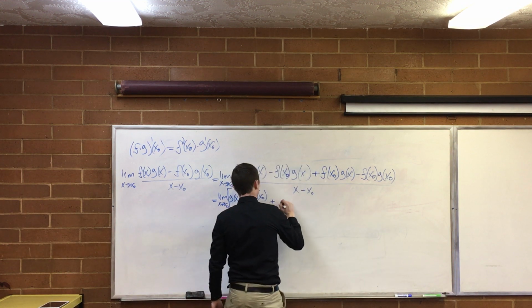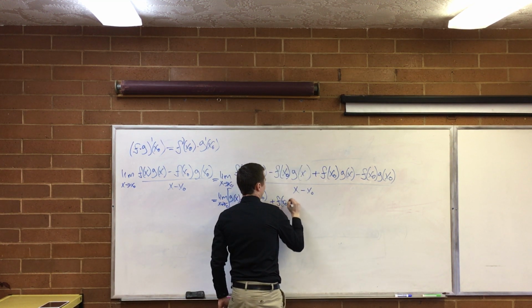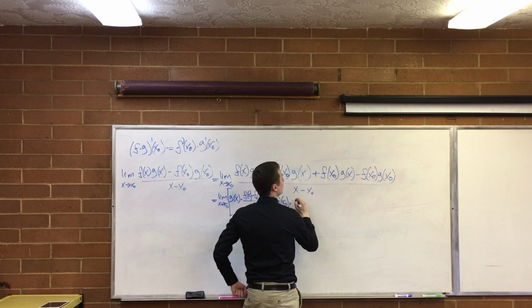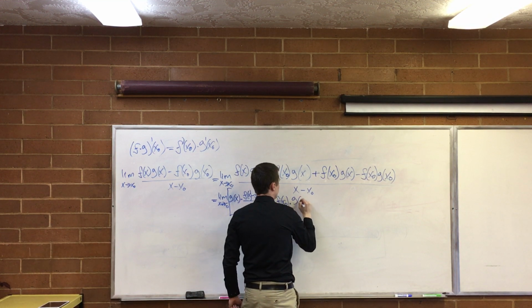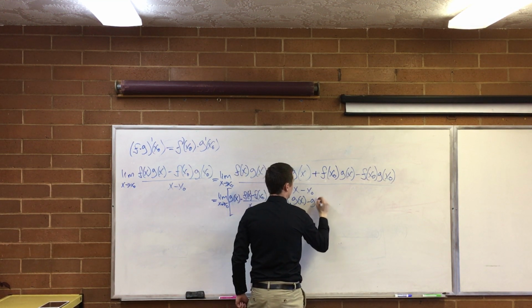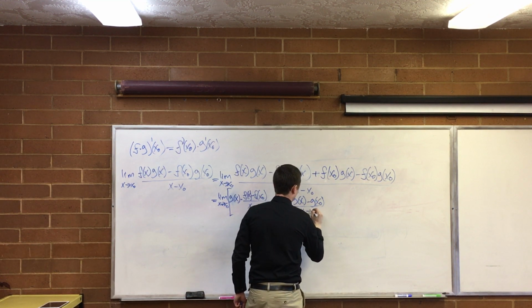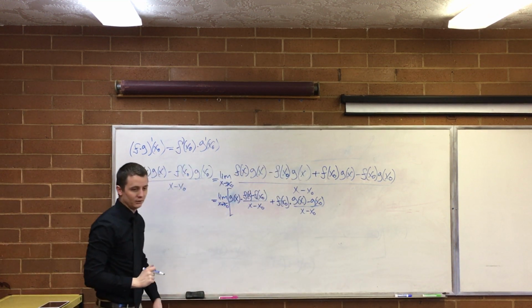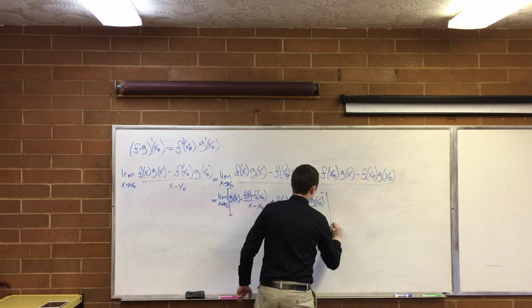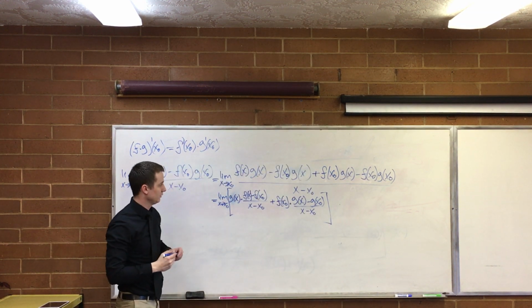Factoring out f of x naught. f of x naught times g of x minus g of x naught over x minus x naught. You go with everything I did there? I'm just reordering it to make stuff pop out very nicely.